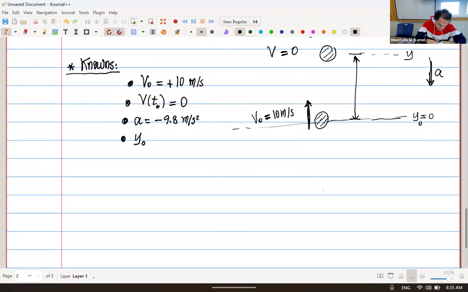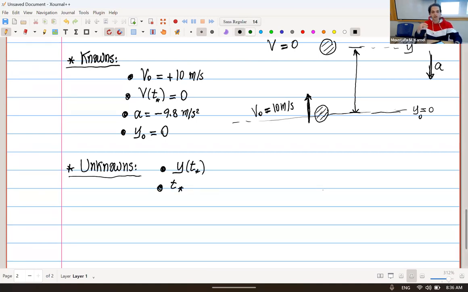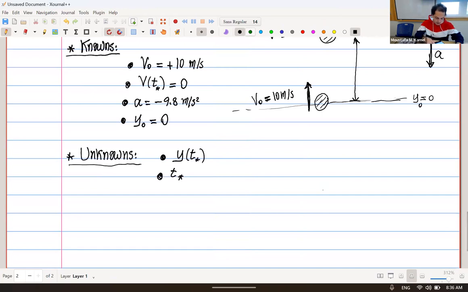And actually, we can also put this as known: the initial position is 0. The unknowns are the maximum height, which is the position at t star, and t star itself. T star is just a symbol for the time it took until it reaches the maximum height.